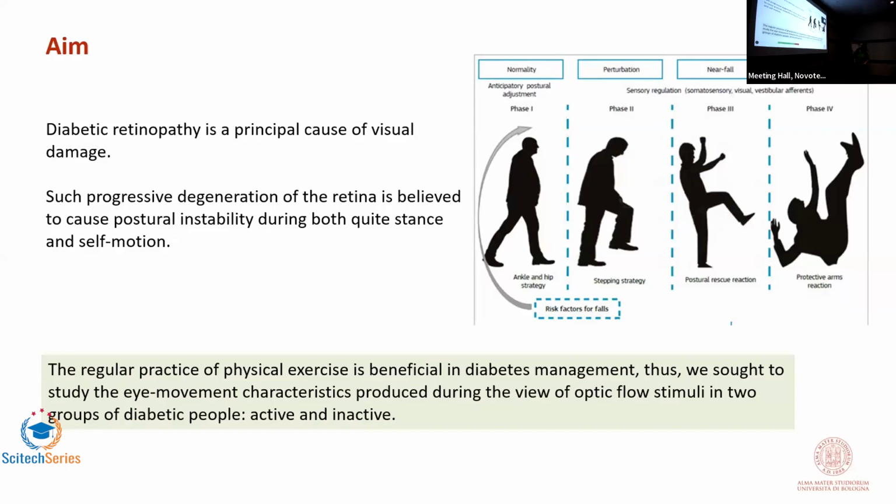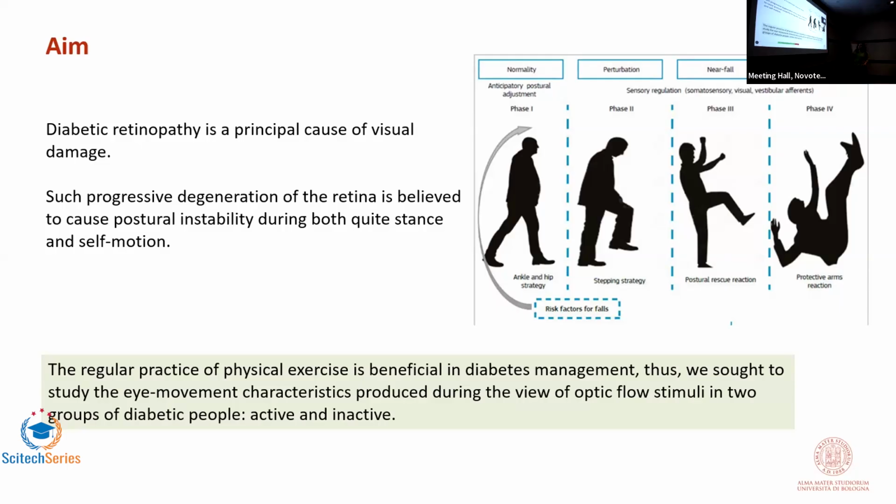Here is a figure of normal locomotion, with its different phases, and the result of this instability is falling. Falling, especially in older age, is very problematic because it could lead to several damages, bone, joint, etc.